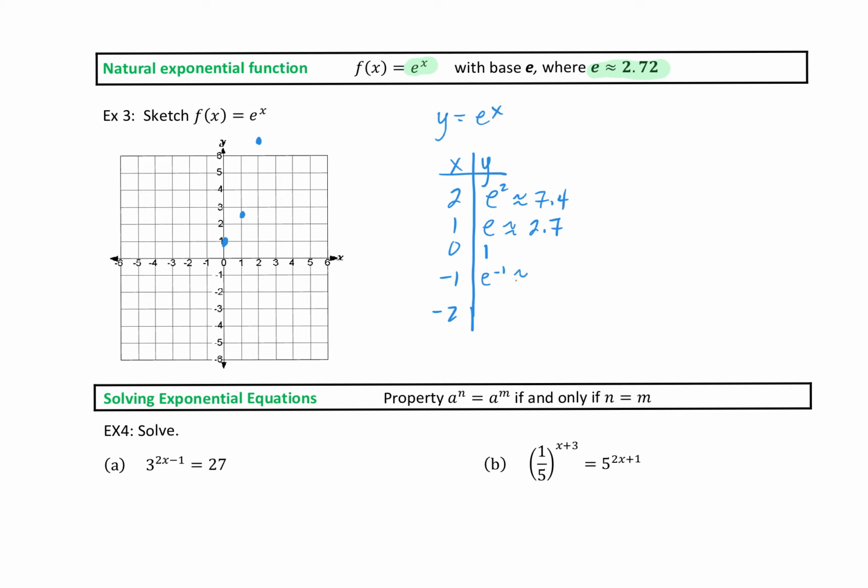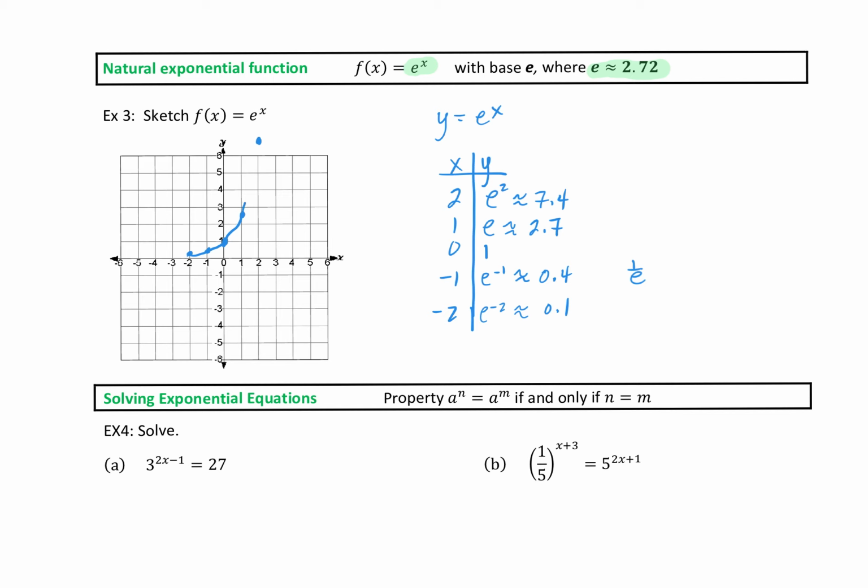Now in a calculator, you would get about 0.4. But remember, that's the same as 1 over e, about 1/3. So that makes sense. And then e to the -2 in a calculator is about 0.1. So that's about 1 over 9.